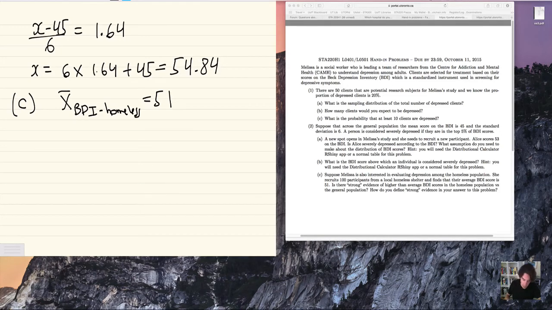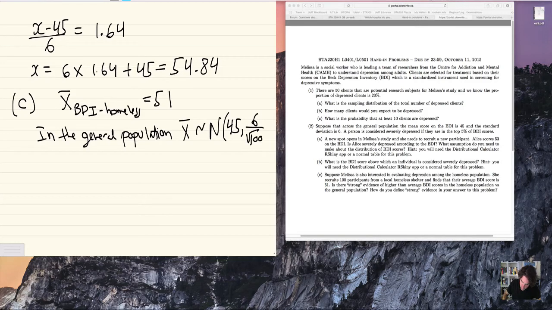Well, we know in the general population, the mean BDI score follows a normal distribution with mean 45 and standard deviation 6 over square root of 100, because that's the sampling distribution of the sample mean.